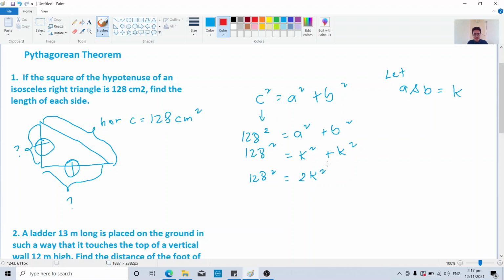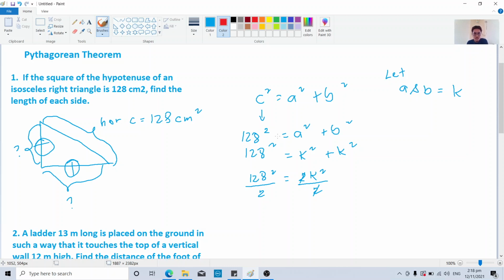Got it? Then, divide both sides by 2 so we can isolate K. Cancel, cancel. What is 128 over 2?